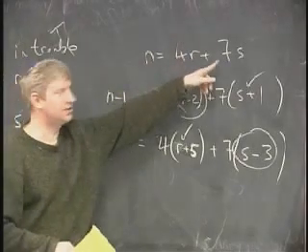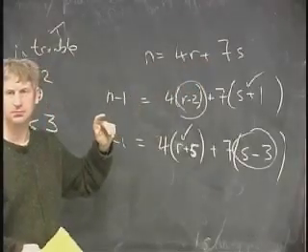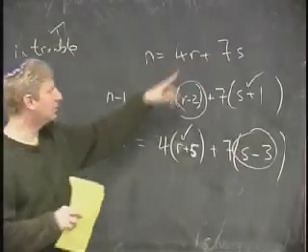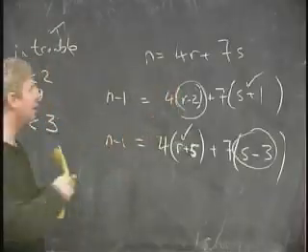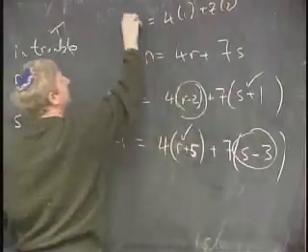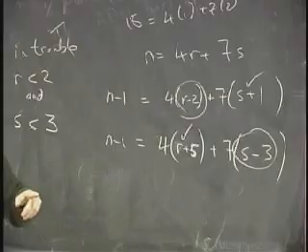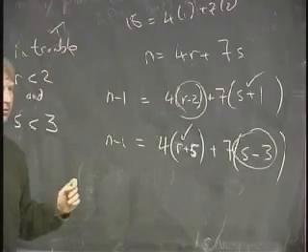If R is 1 and S is 2, what's the N? 4 times 1 plus 7 times 2 is 18. That means if you're at 18 and you try to go down 1 step, you are in trouble.